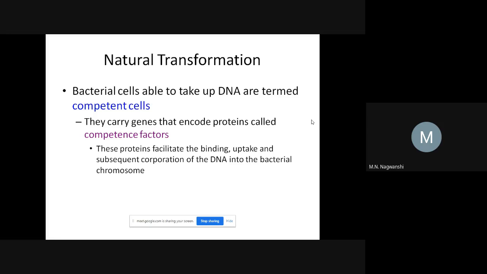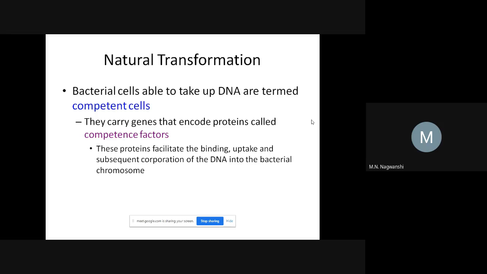through the medium. So these bacterial cells that are able to take up the DNA are called competent cells. These bacteria carry genes that encode proteins called competence factors.